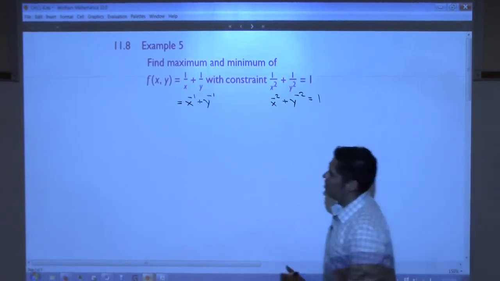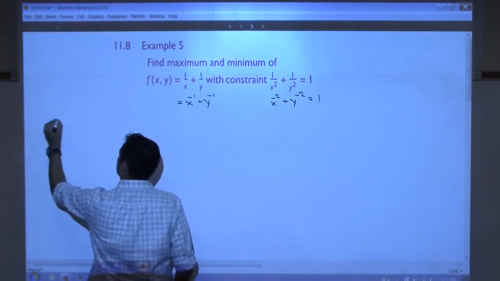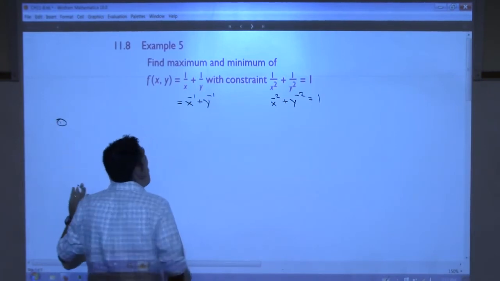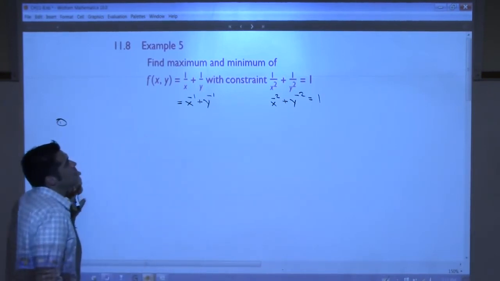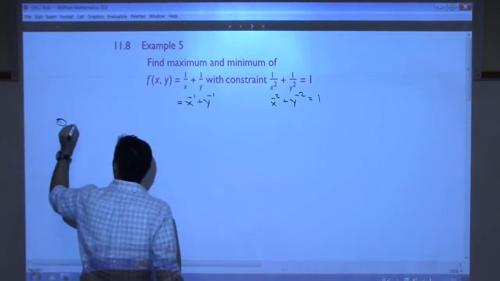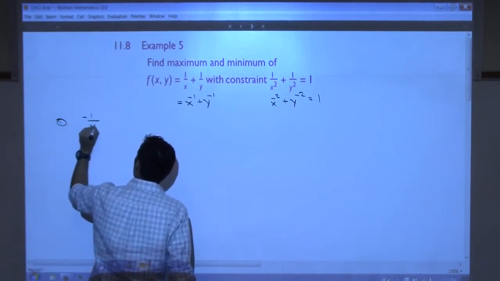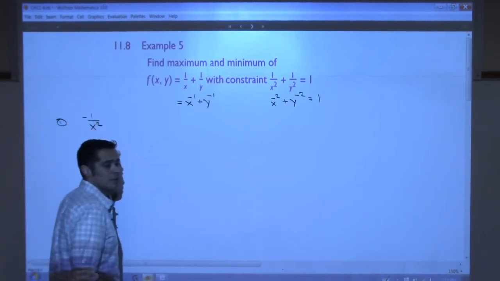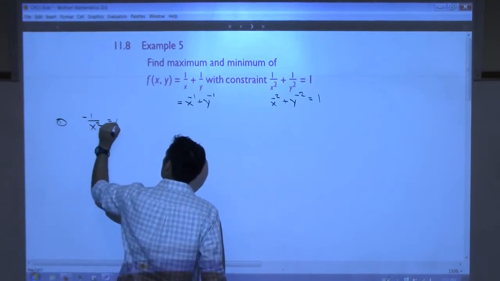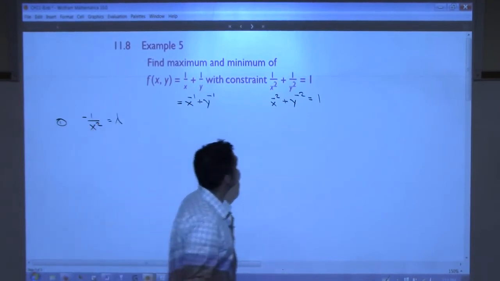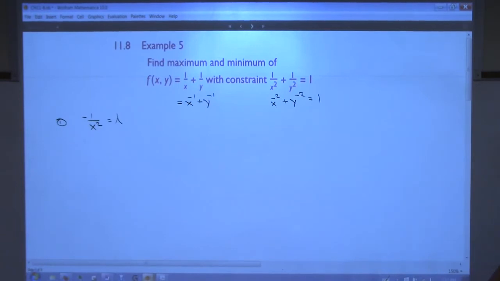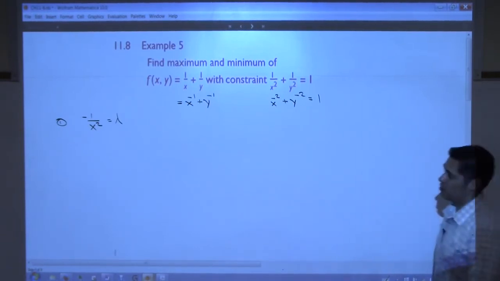So my first equation is going to be what? Negative 1 over x squared. Is it all right if I do that? Equals lambda times, maybe I should put negative lambda. Negative 2 over x cubed.